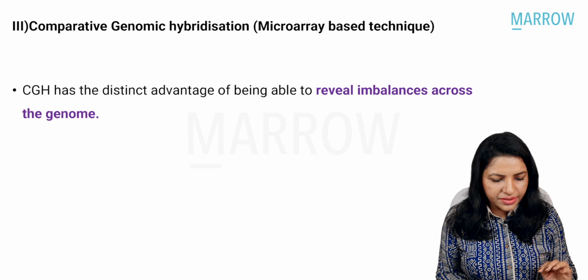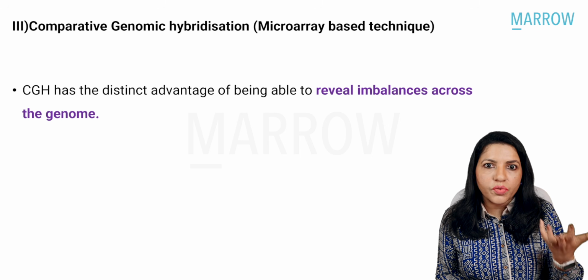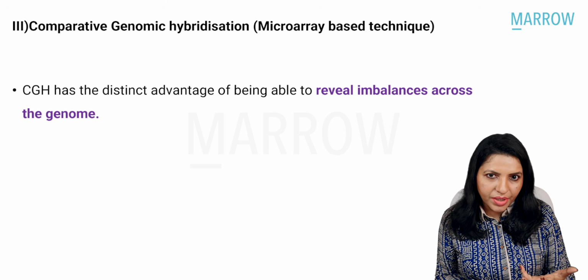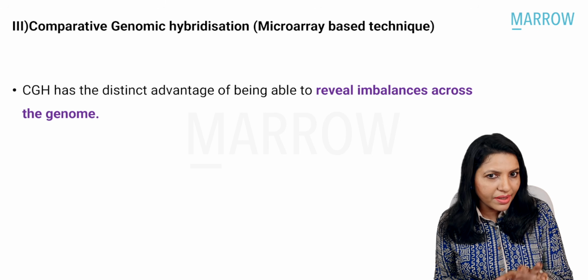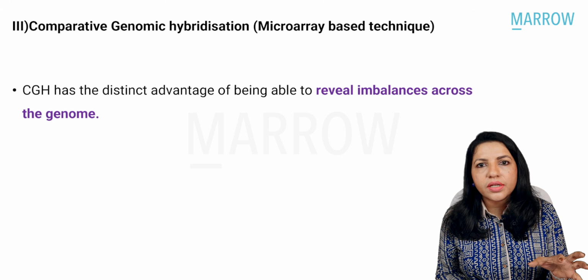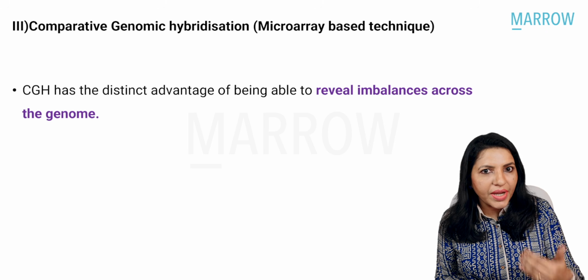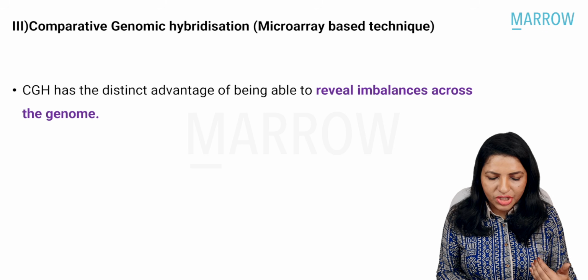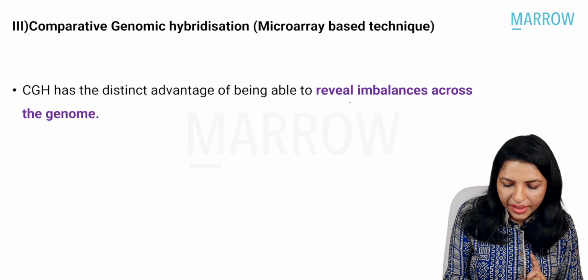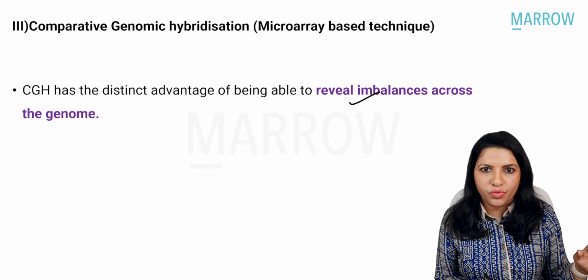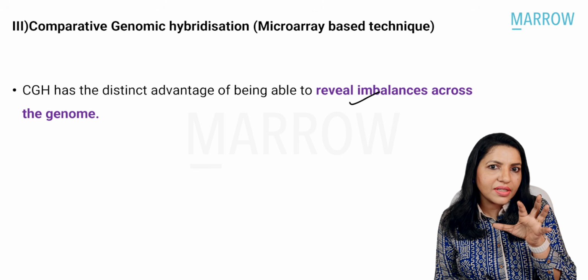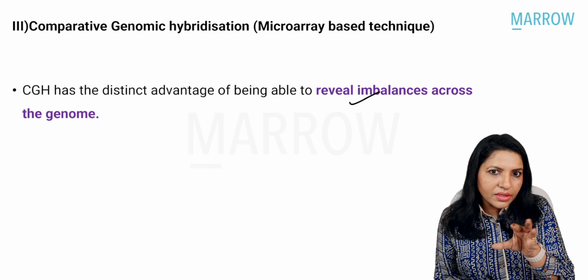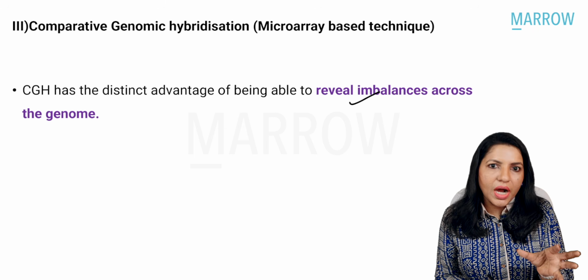Now we go to the next thing that evolved, which is comparative genomic hybridization, which is actually a microarray based technique. What is the advantage of this array CGH, otherwise comparative genomic hybridization? It is to reveal the imbalance across the genome, because here we are not studying a single gene or a particular part of a chromosome.